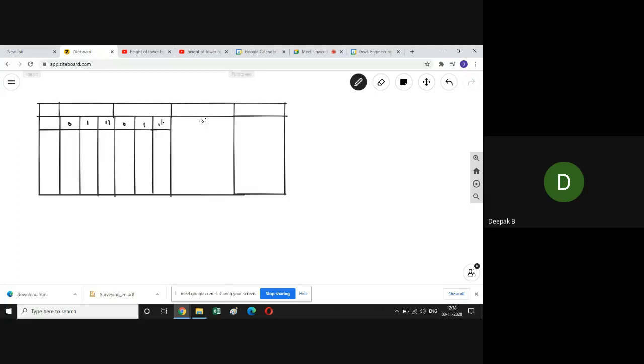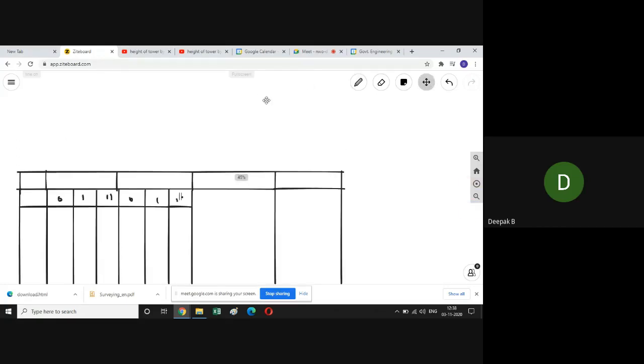Okay, so the experiment, or the exercise, that we have to do today is to find the height of a tower by using light.